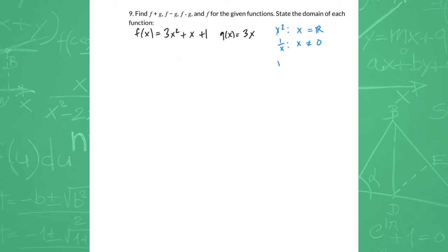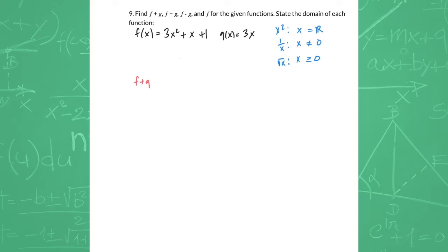The domain of the square root is all real non-negative numbers, because we cannot have a negative number for the radicand of a square root. Okay, so let's start with f plus g.